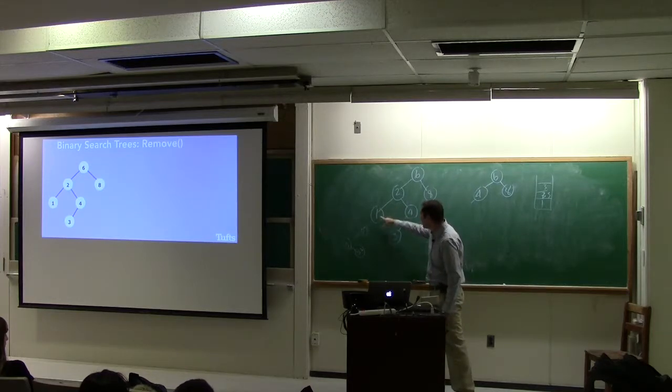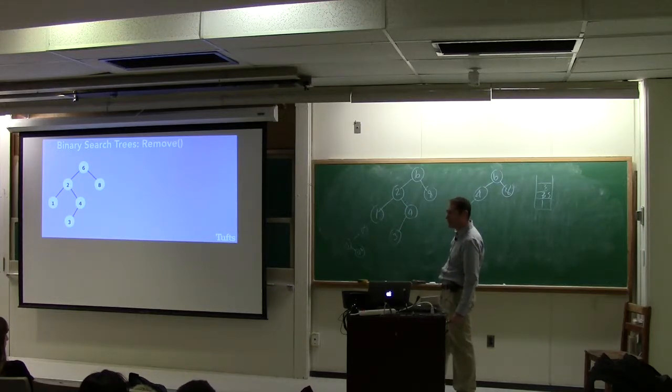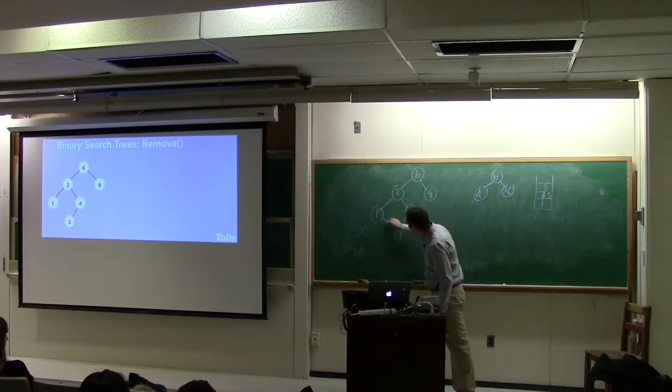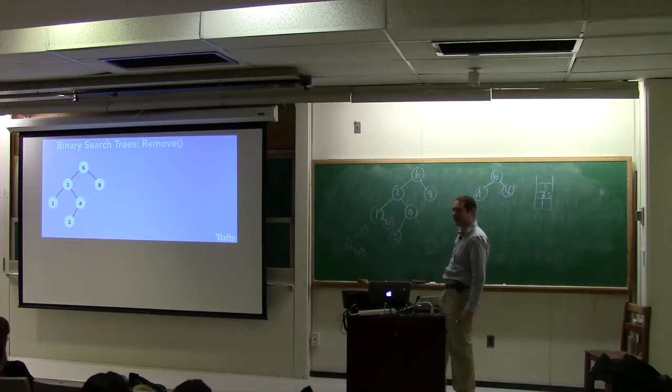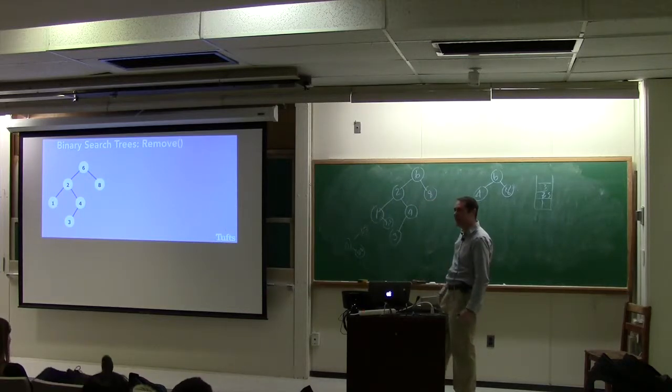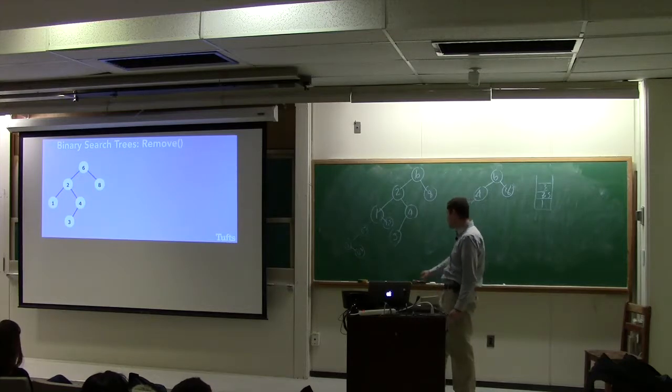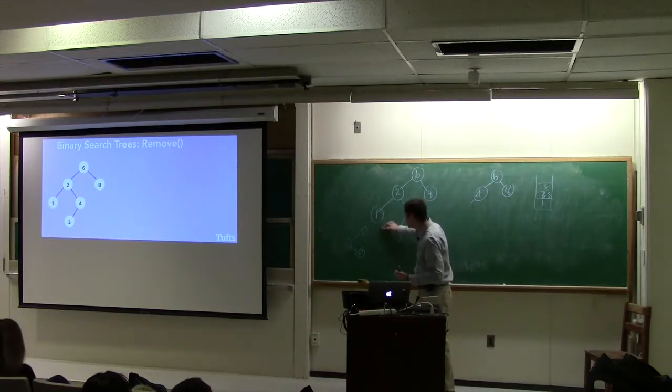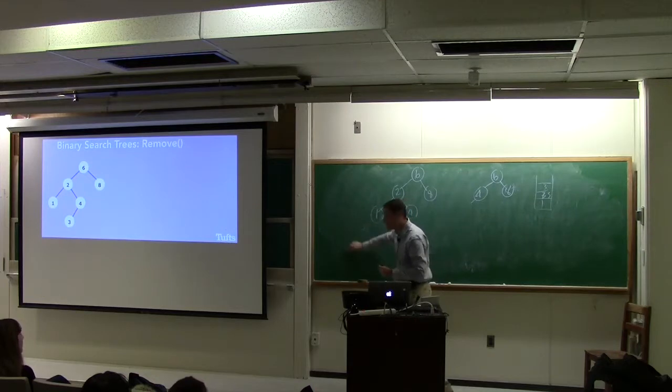OK. And then what? You would call remove on 1 and then keep going. What if 1 had a 1.5? Then 0.5 comes up to where 1 was, and it still keeps being true for binary trees. I do think it's a little messy, but I like the idea of going to a minimum one or something like that.